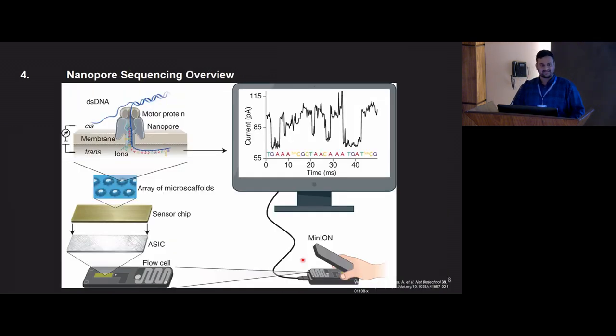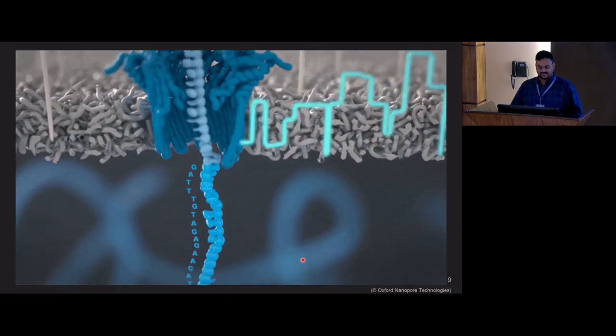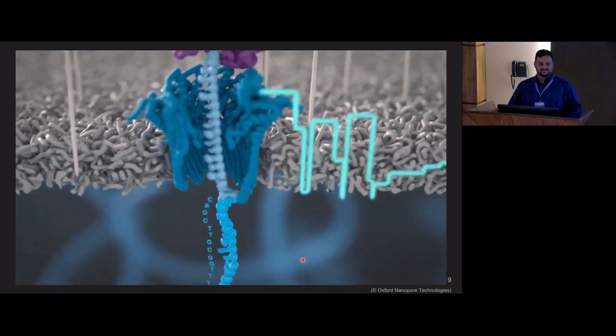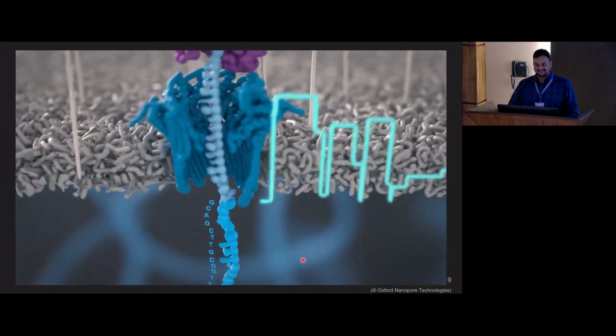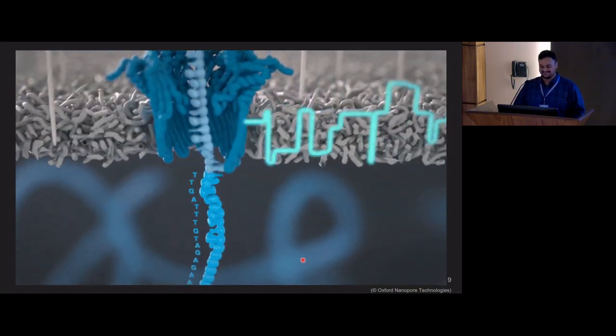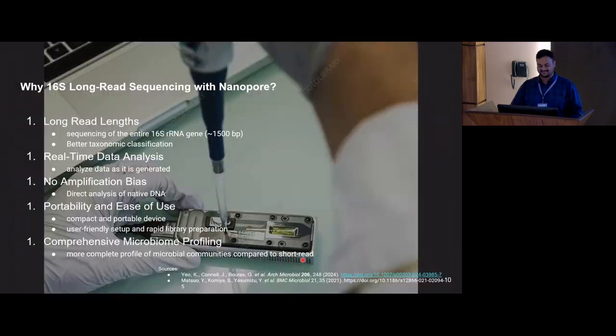Dr. Gaurav has already explained these schematics. There's that pore, and then the motor protein will tether the strand to the pore, and then sequencing occurs, and then you proceed with bioinformatics. Just a very wonderful picture. I thought it's visually very pleasing. Yes, you read the musical notes of nanopore sequencing.